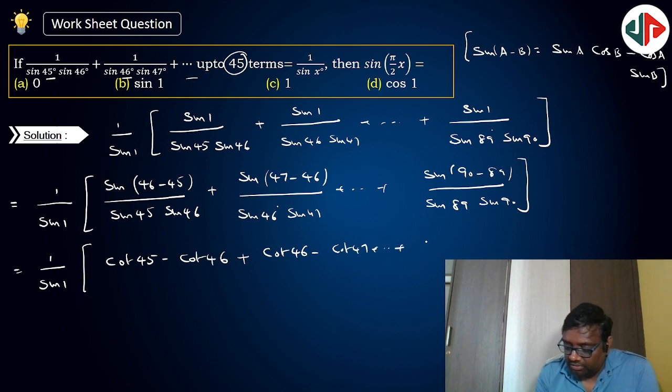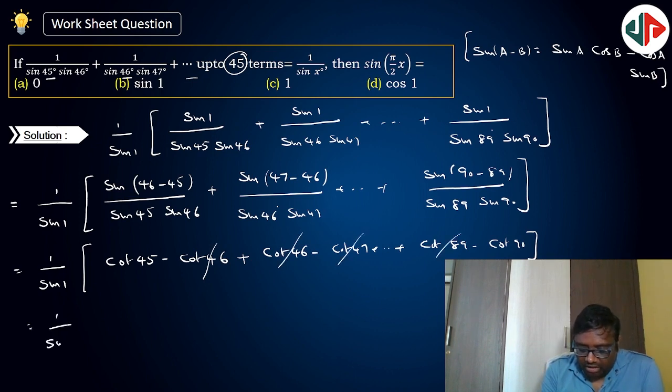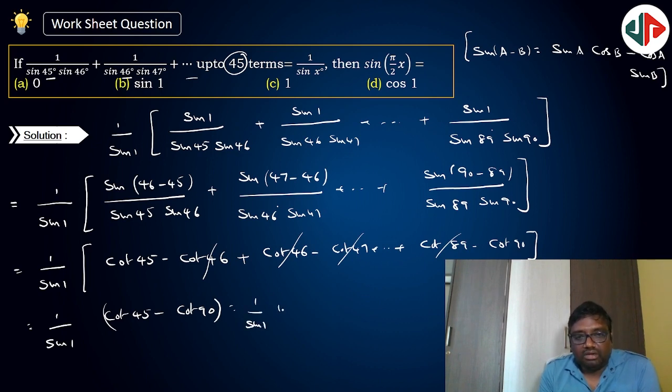Now this is also the same thing: cot 89 minus cot 90. So all will be cancelled. Finally what remains is cot 45 minus cot 90. Cot 45 means 1 only. Cot 90 means 0. So 1 by sine 1, times (1 minus 0). So it is nothing but 1 by sine 1.